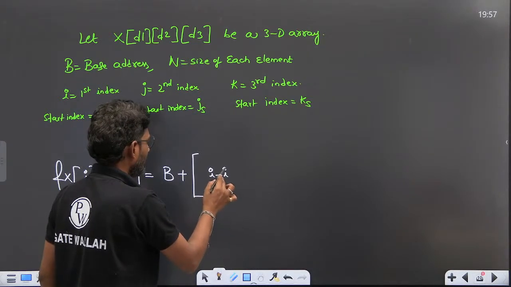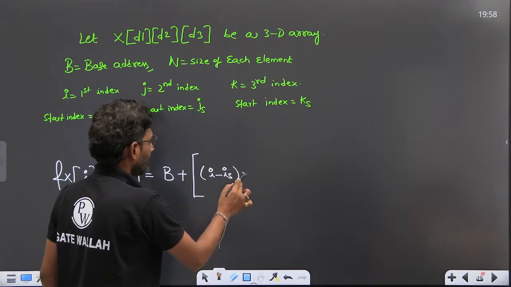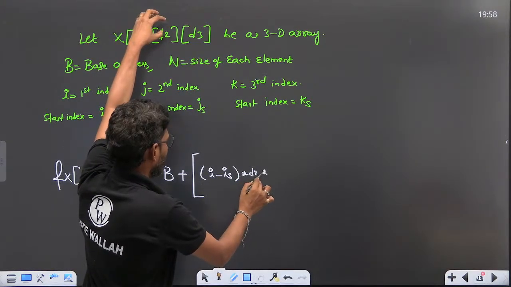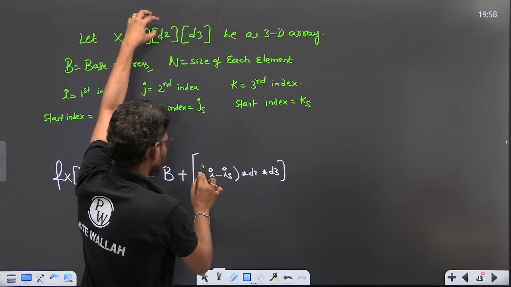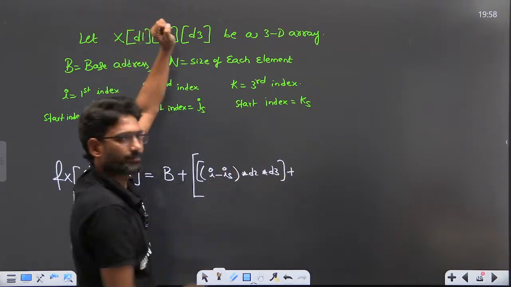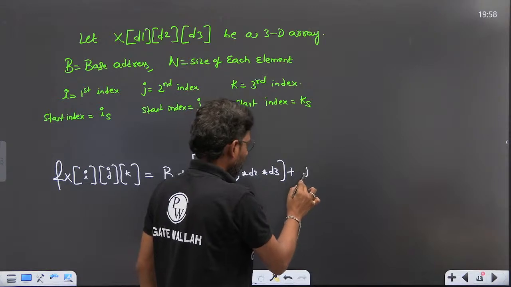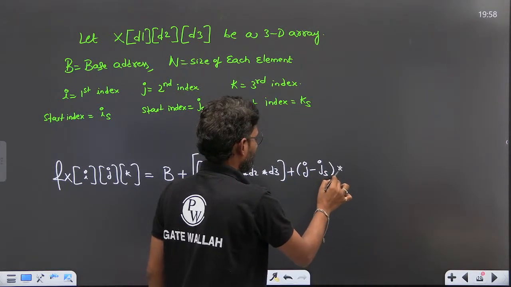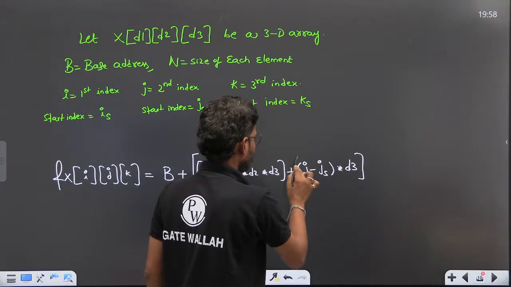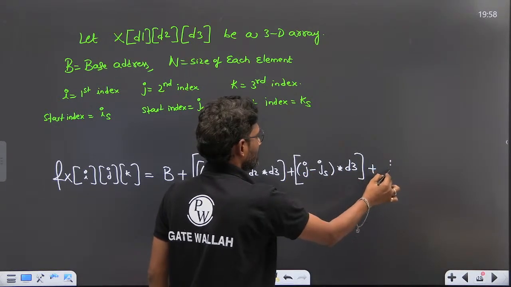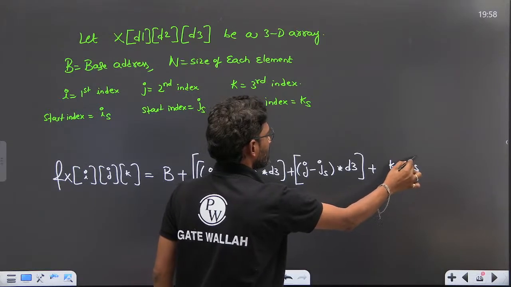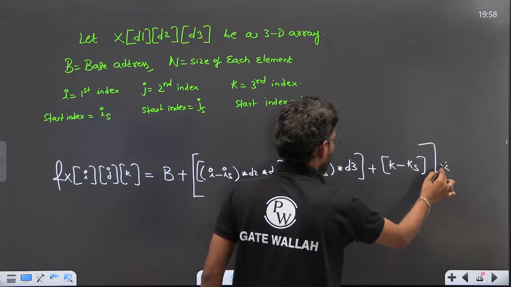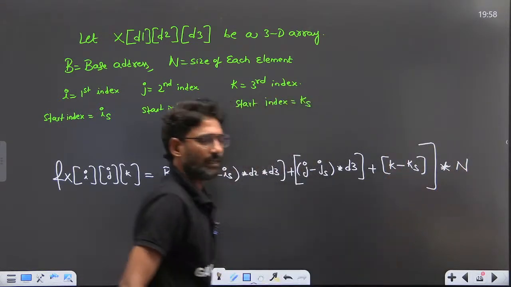So it should be i minus is multiplied by second dimension d2 multiplied by third dimension d3, plus index j, which starts with js, multiplied by third dimension d3, plus last index k that starts with ks, whole multiplied by size of each element n.